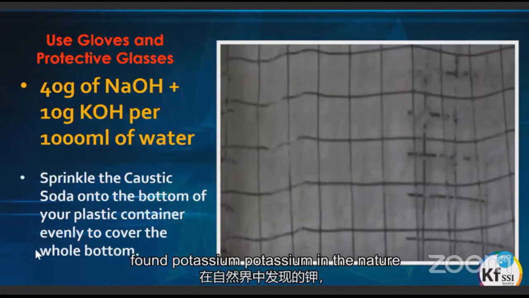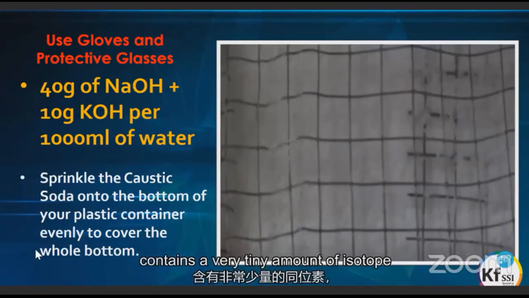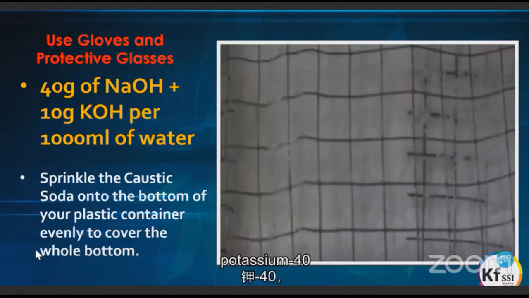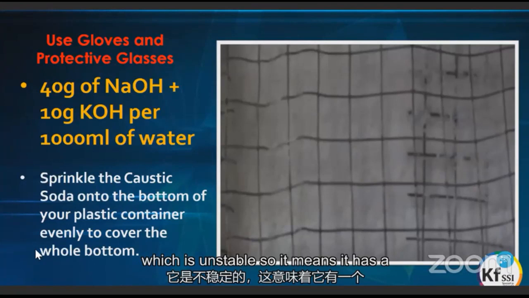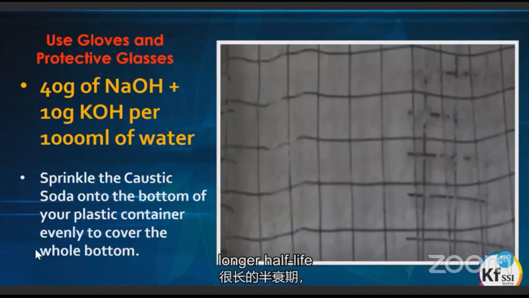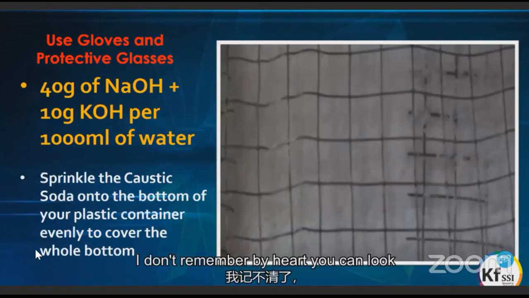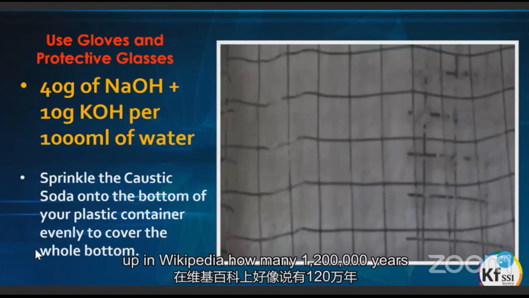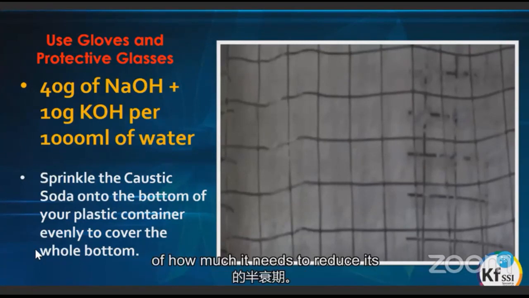Potassium in nature contains a very tiny amount of isotope potassium-40, which is unstable. So it has a long half-life, I don't remember by heart. You can look it up in Wikipedia, 1,200,000 years or so, how much it needs to reduce its radiation to half.